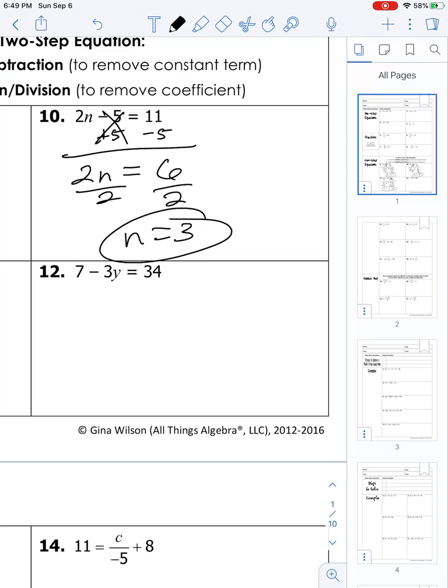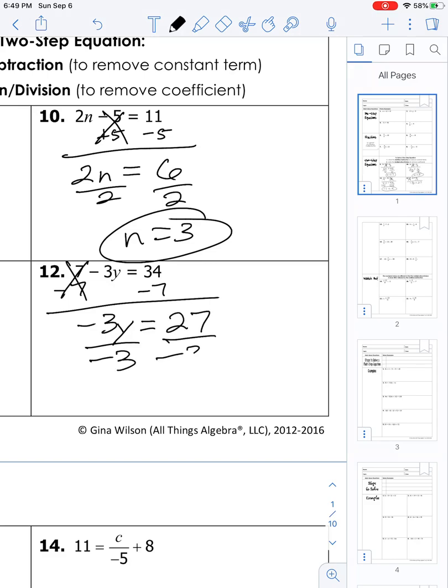If there's not a sign in front of the 7, it's assumed to be positive. So to get rid of it, we need to subtract the 7 to the other side to cancel that out, which leaves us with negative 3y equals 27. And then divide by negative 3, y equals negative 9.